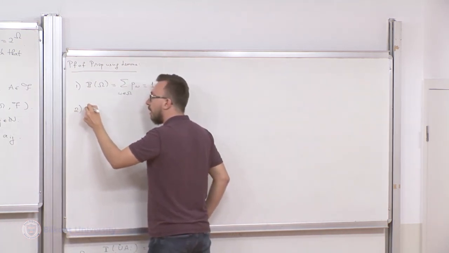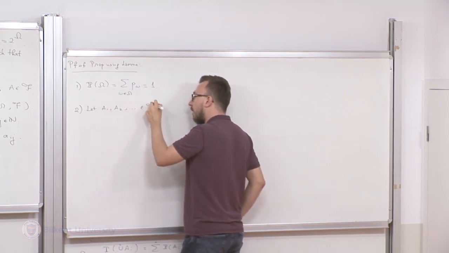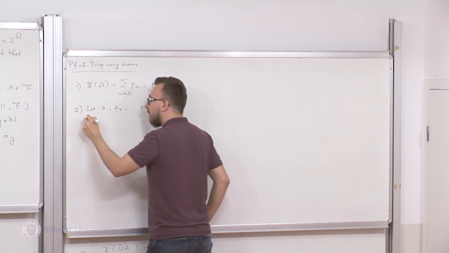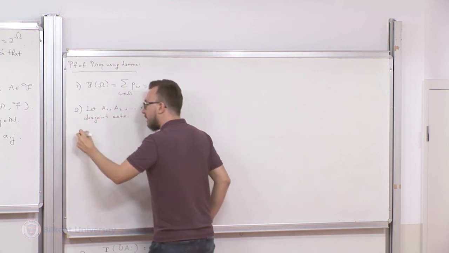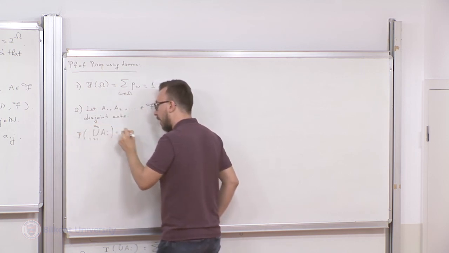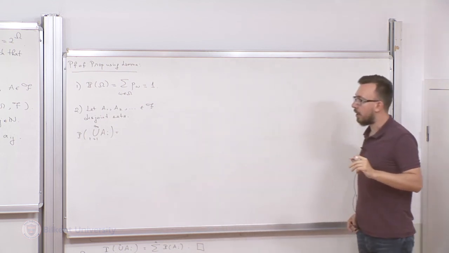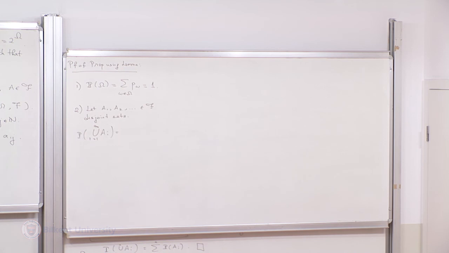So let A1, A2, etc. be disjoint sets in F. And let's prove countable additivity. Let's prove that P defined this way is countably additive.